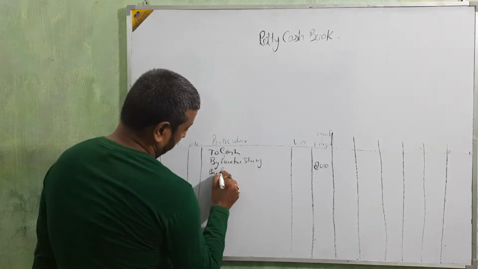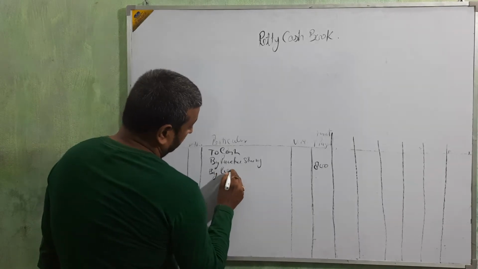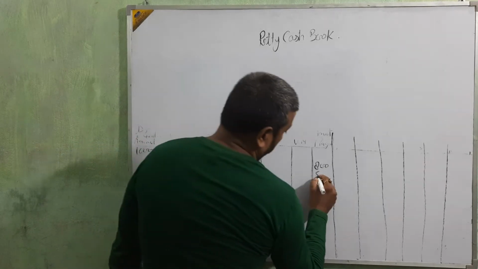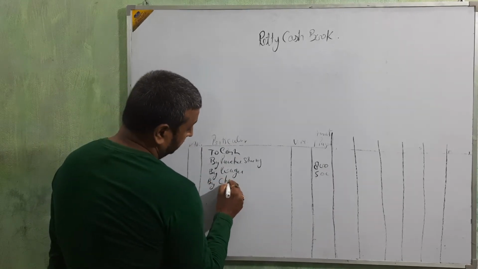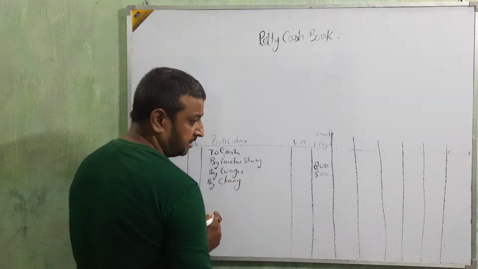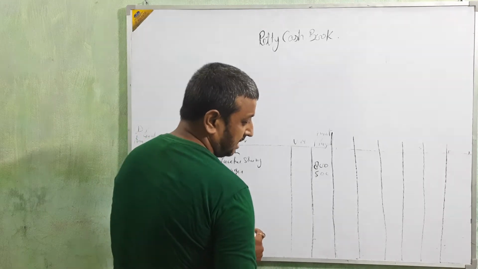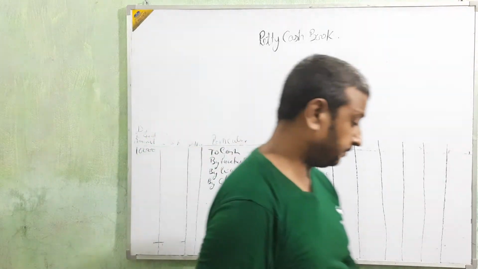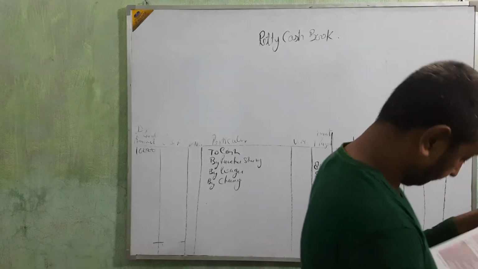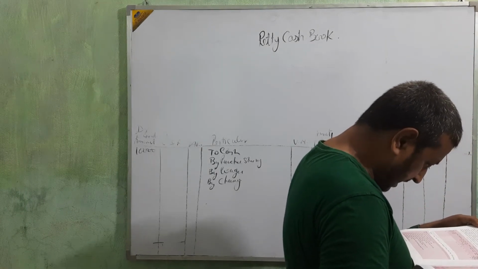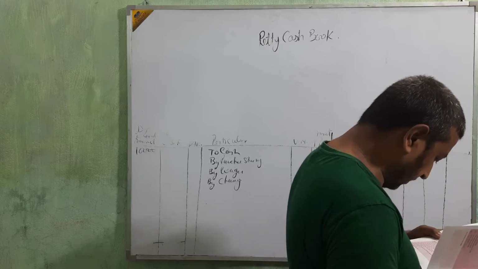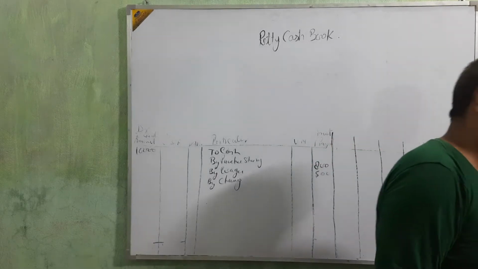Paid for wages 500. Next, by charity 300. Charity and wages could be given in one column, no problem, but we enter them separately.